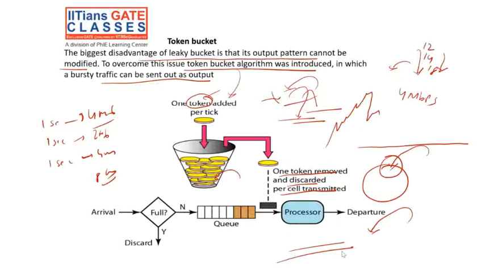When data is coming at a low speed, like 1 Mbps, there will be fewer tokens in the bucket. See, the output rate is bursty. If the number of tokens is more, the output rate is high. If the number of tokens is less, the output rate is less, right? Guys, say yes or no.